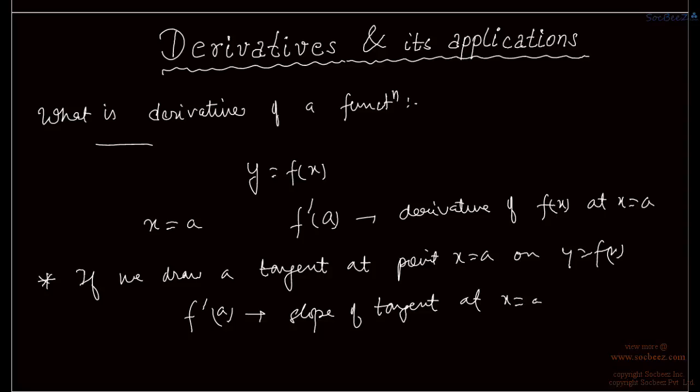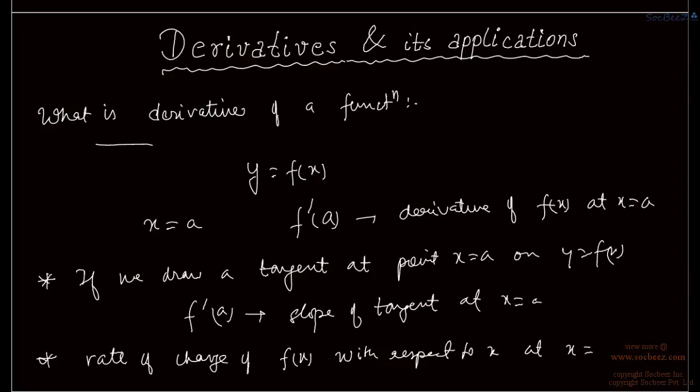This is one of the definitions, and we can also say it gives us the rate of change of f(x) with respect to x at point x is equal to a.